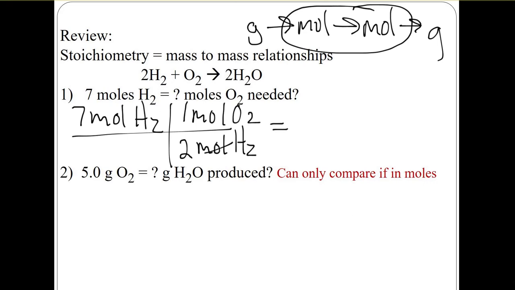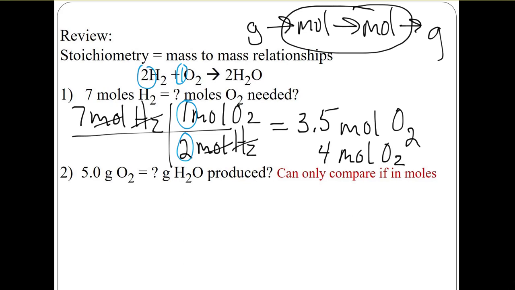So my moles cancel and my hydrogen cancels, and so I'm done. I have moles of oxygen. So again, I have to use my balanced chemical equation to get those coefficients, and these coefficients come from the balanced equation, okay? So 7 divided by 2, we get 3.5 moles of oxygen. There is only 1 sig fig, so really you'd probably have to round up to 4.